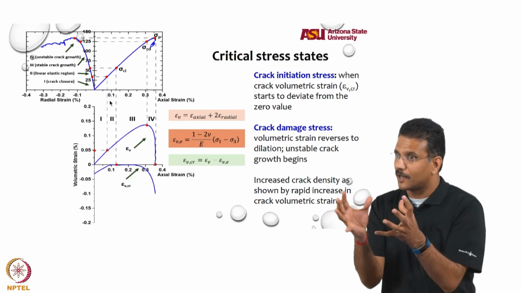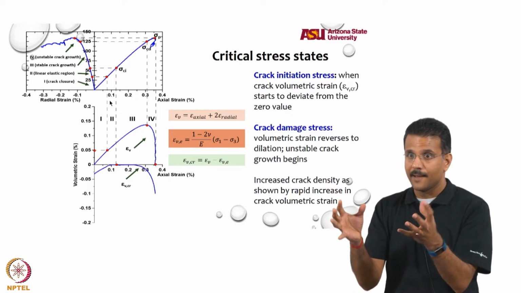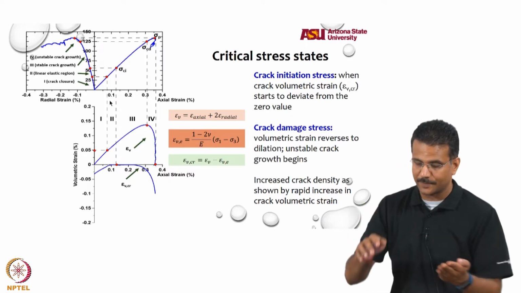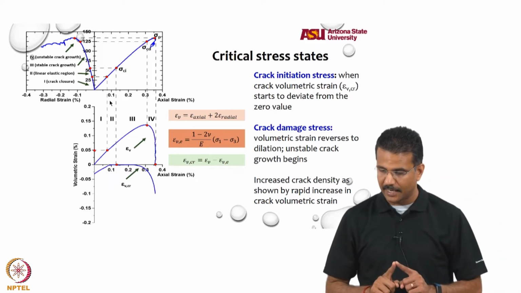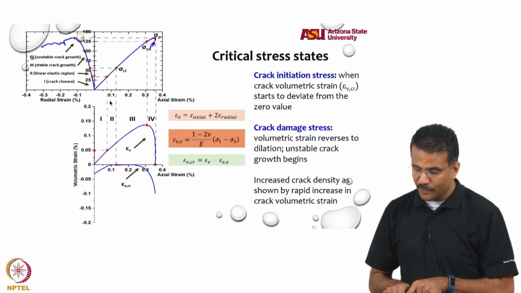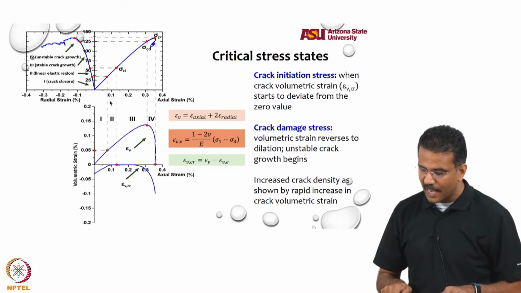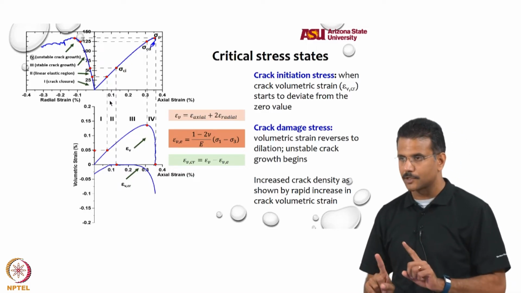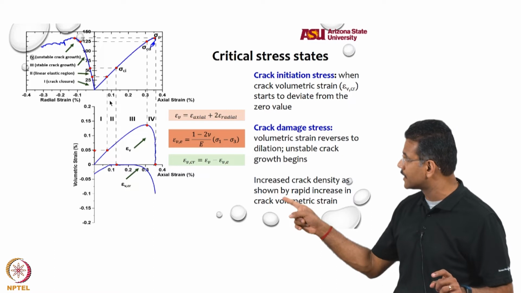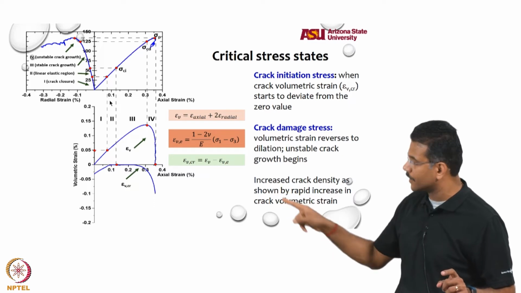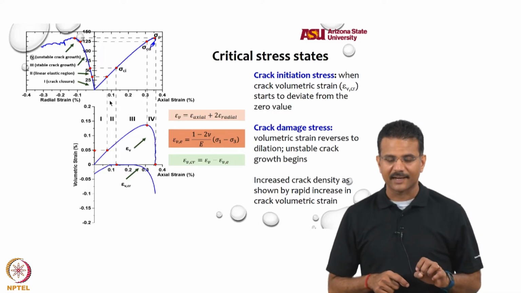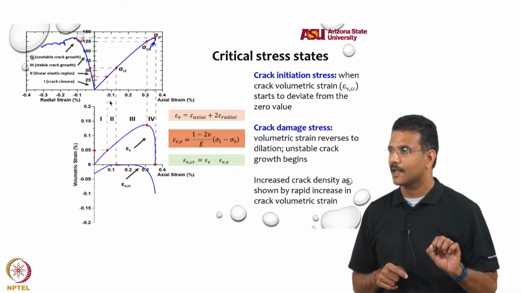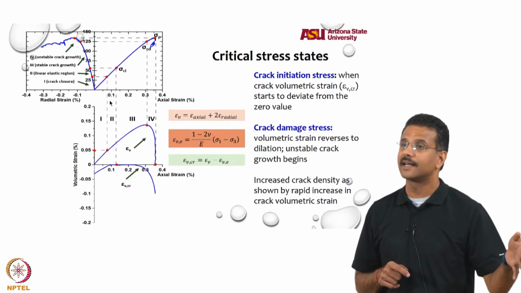You have some positive volumetric strain, but then you are closing micro cracks in that specimen. Now, a very significant point is where the crack volumetric strain tends to deviate from 0. If you take it all the way up, you will get what is called the crack initiation stress, which is basically your end of linear elastic region.